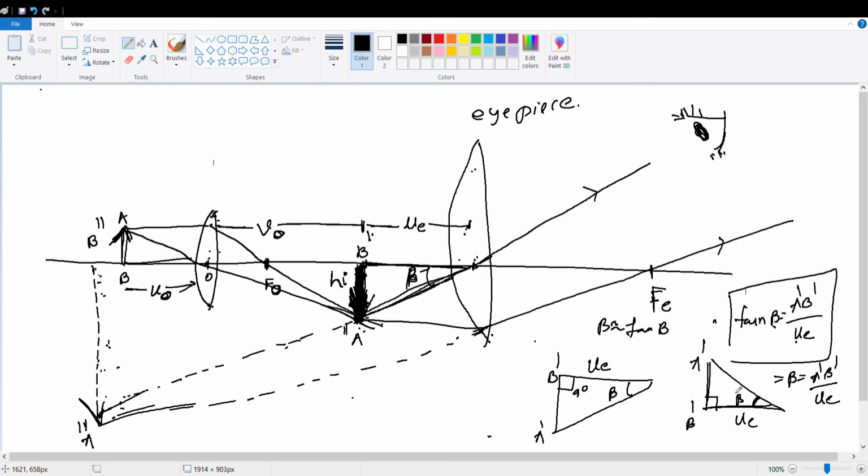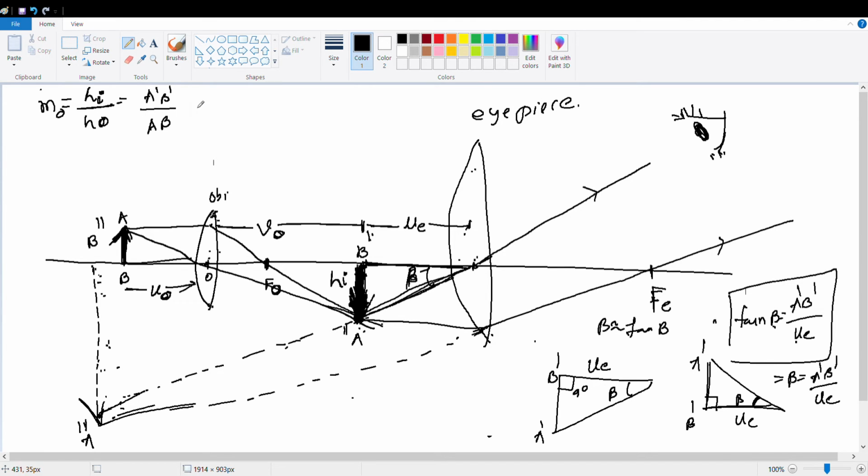Now see, let us consider the magnification of the objective lens. What is the magnification of the objective lens? You know the magnification is nothing but HI by HO, height of image divided by height of object. For the objective lens, the height of image is A dash B dash, and the height of object is AB.